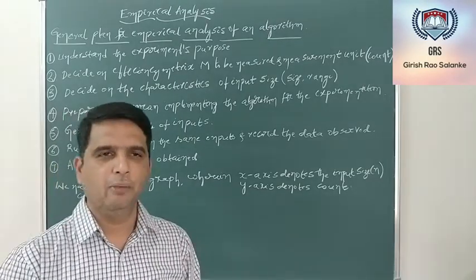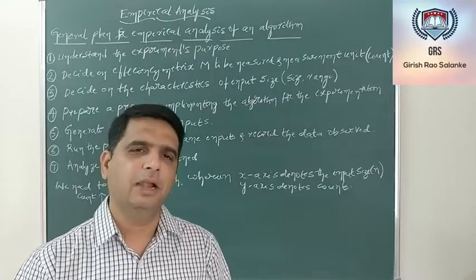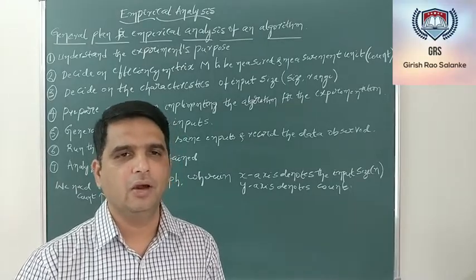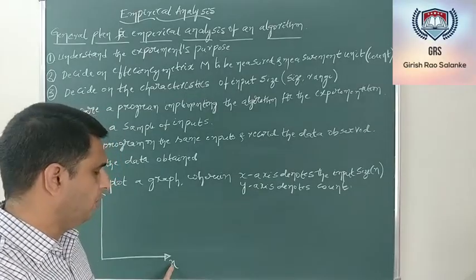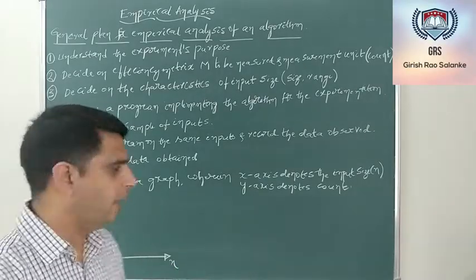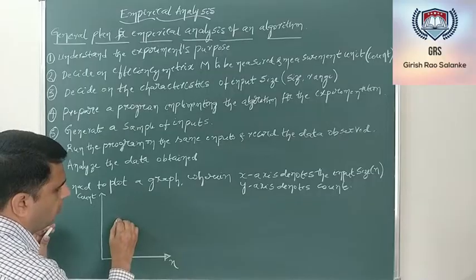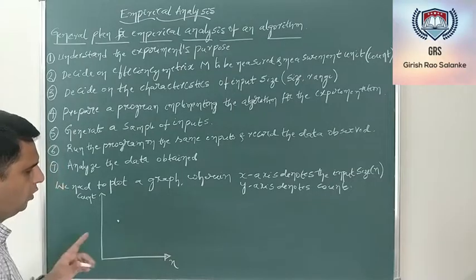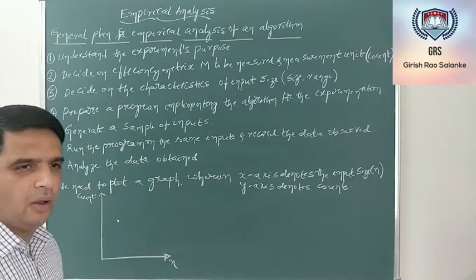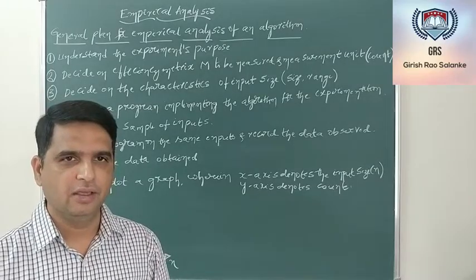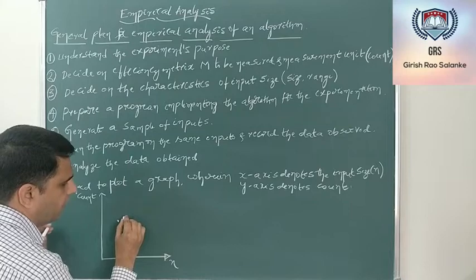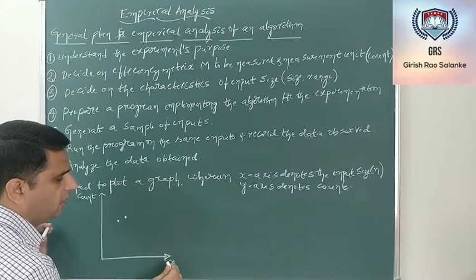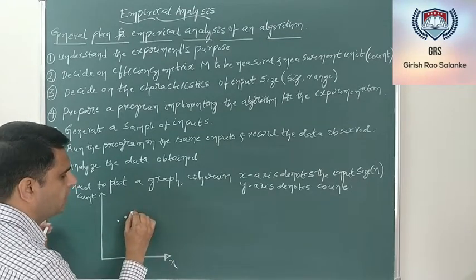Let's assume a particular algorithm, let me call it algorithm A. The algorithm A with the size of input n has a count value somewhere here. Don't worry about what value it is. Now, on increasing the value of n, the count increases. Let me denote the second point here.